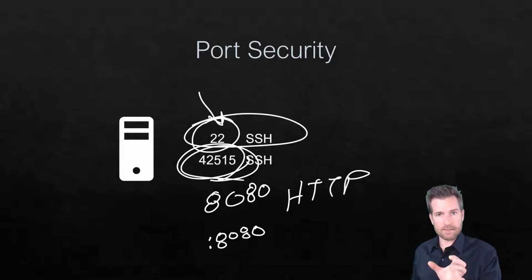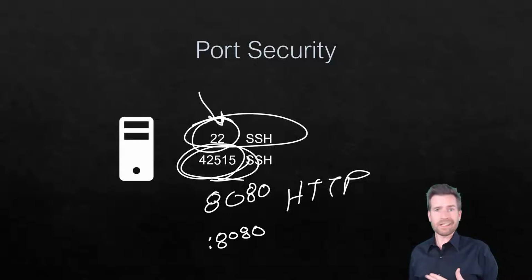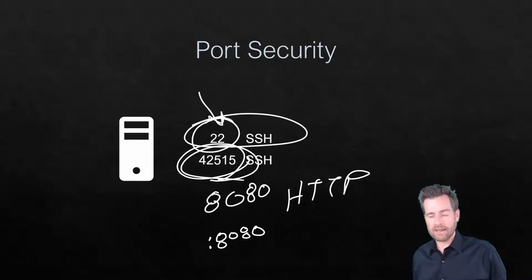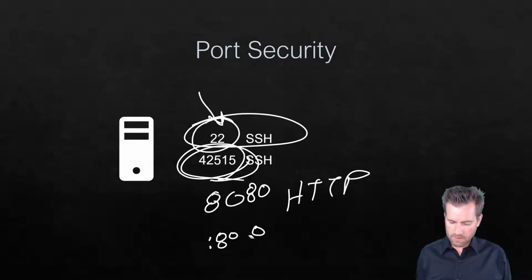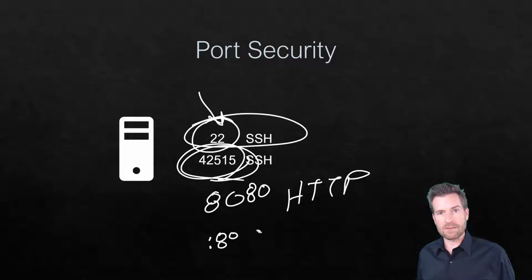You know, they type in a domain like www.google.com colon 8080, and that's what they have to use to access google.com. You're probably going to get less traffic going to google.com. And so that's why we have these standard ports, and we associate that traffic, port 80, with HTTP.